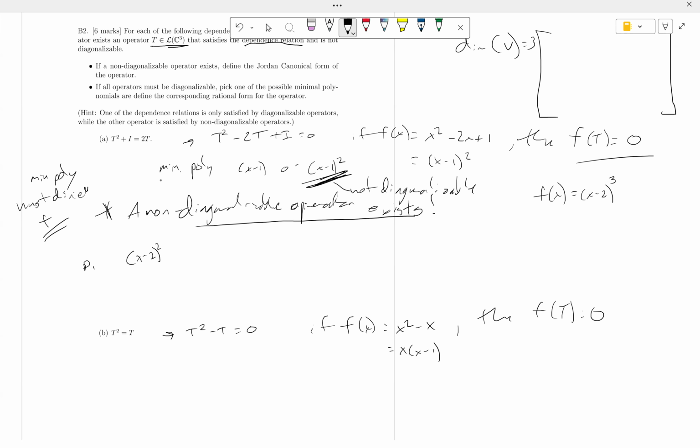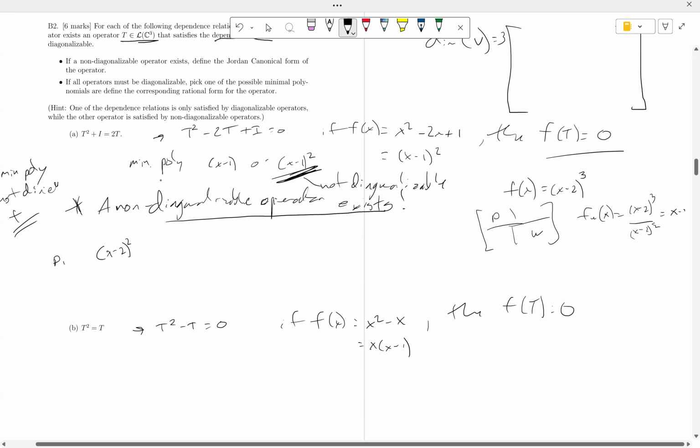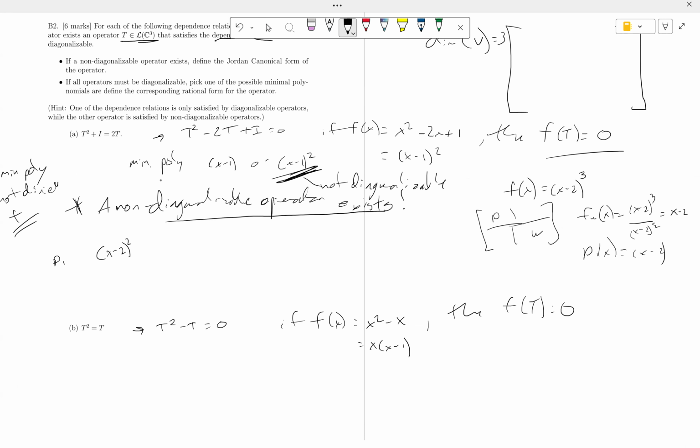Well, here, if I break it up into the two blocks, I've got P and W. Well, the characteristic polynomial f_W equals x minus 1 cubed over x minus 1 squared, which equals x minus 1. And the minimal polynomial has to have the same root, so it's also x minus 1. So what I've got is P1 is x minus 1 squared, and P2 is x minus 1.